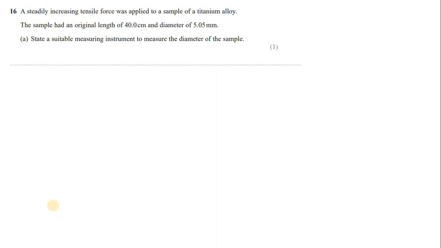Question number 16. A steadily increasing tensile force was applied to a sample of a titanium alloy. The sample had an original length L of 40 centimeter, and the diameter 5.05 millimeter. State a suitable measuring instrument to measure the diameter of a sample.